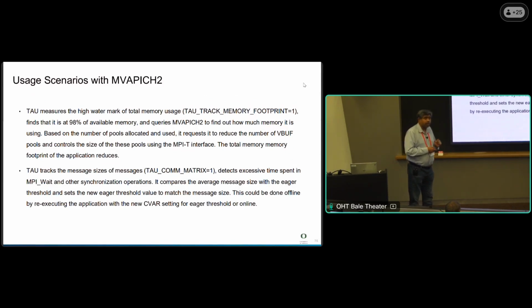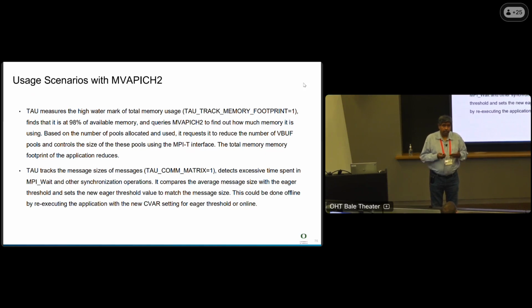The key takeaway over here is that Tau is a profiling tool that has many different measurement and instrumentation options, and it can work in concert with the MPI runtime. It can modify the values of the MPI runtime online based on the performance of the application.